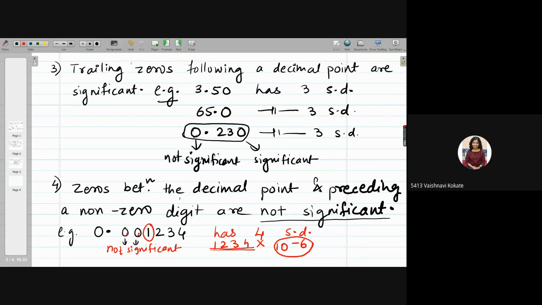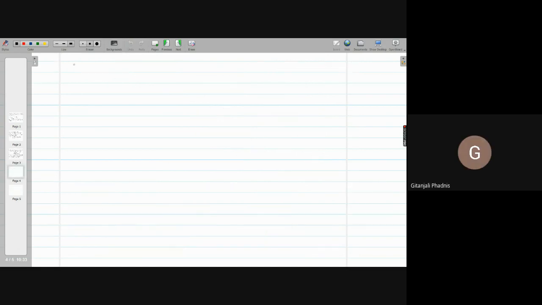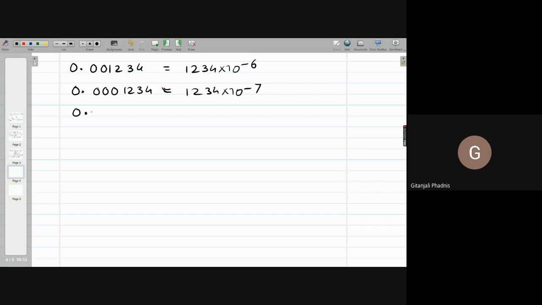Finished writing? Yes, ma'am. See, I am writing some more numbers and we will see. I had written this number, which is 1234 into 10 raised to minus 6. Now I have 0.0001234, that is equal to 1234 into 10 raised to minus 7. Then I may have 0.01234.